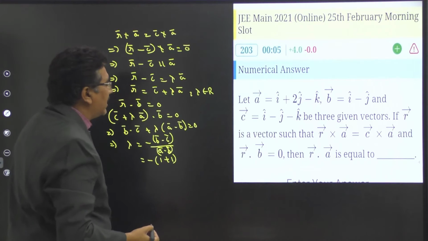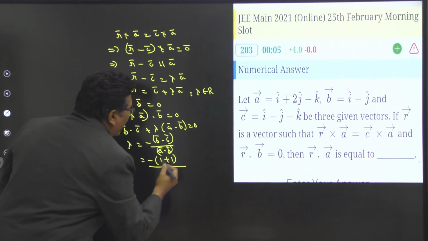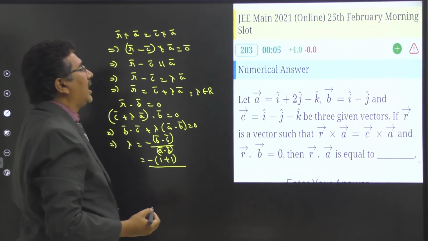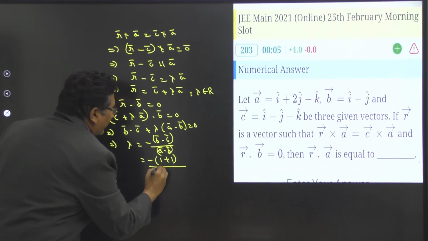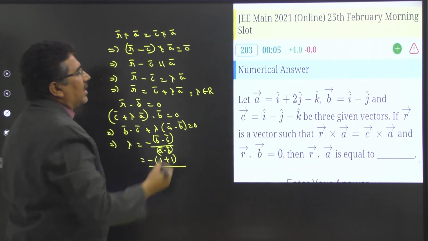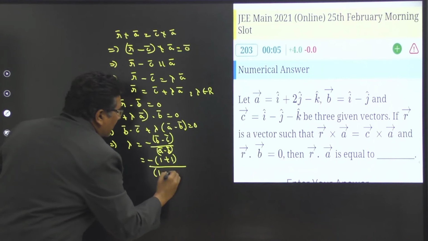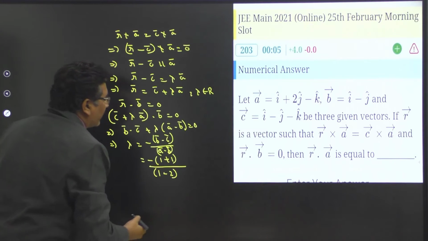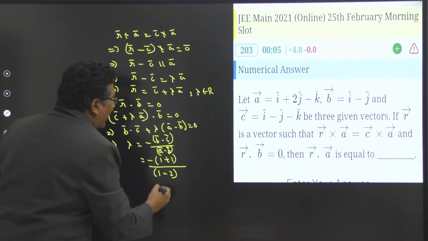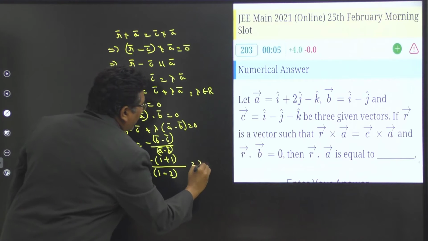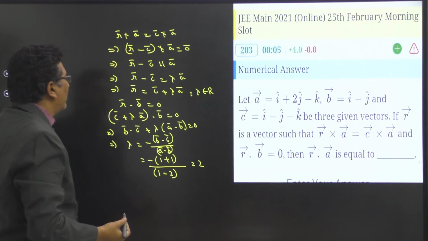Right, that is b bar dot c bar divided by what is a bar dot b bar. a bar dot b bar: i bar is equal to 1. Next, 2j bar minus j bar, that is minus 2. Right, 1 plus 1, 2, 1 minus 2, minus 1, that is equal to 2. Lambda is equal to 2.